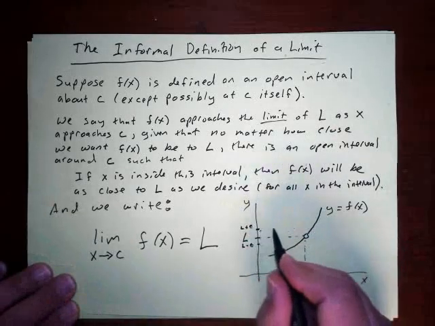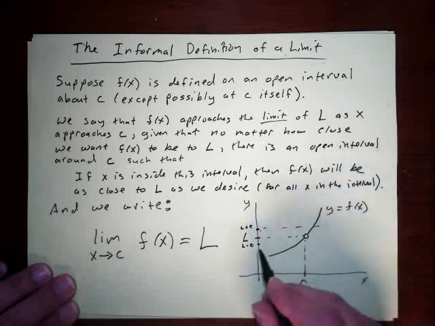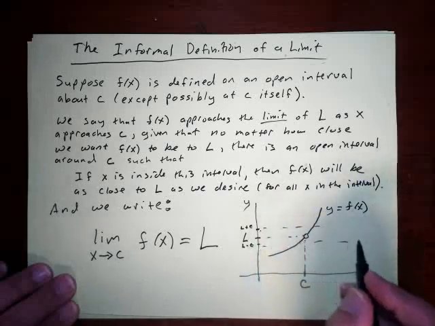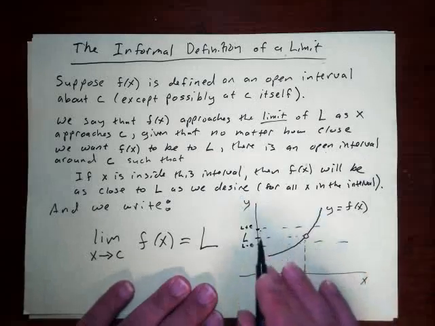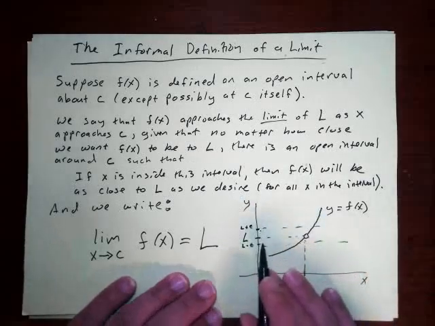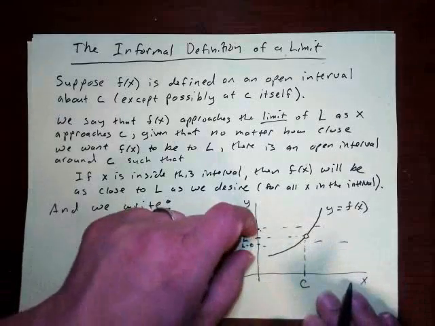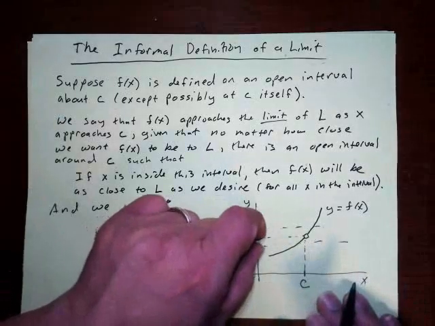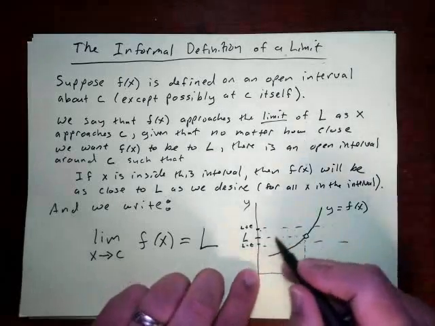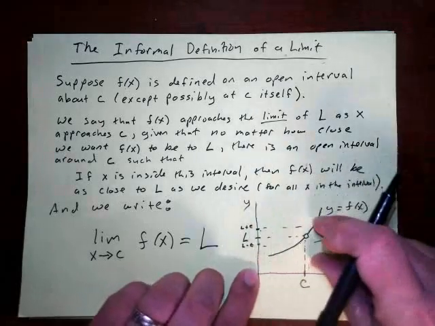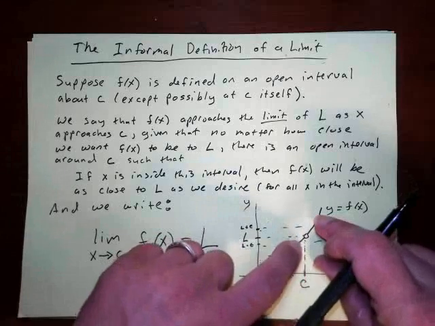Okay? And in the formal definition, we would say for every epsilon there exists a delta, and we're not going to be doing that. But the idea here is my challenge: I want the function to stay this close to L. Okay, I want it to be within this interval, so the function values need to stay within that.